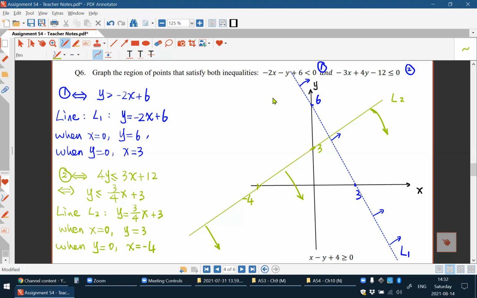Let's go back to the original question. The original question says graph the region of the points that satisfy both of the two inequalities. This means we need to find the overlapped area that satisfies both inequalities. So according to the graph, apparently the overlapped area is here, right?